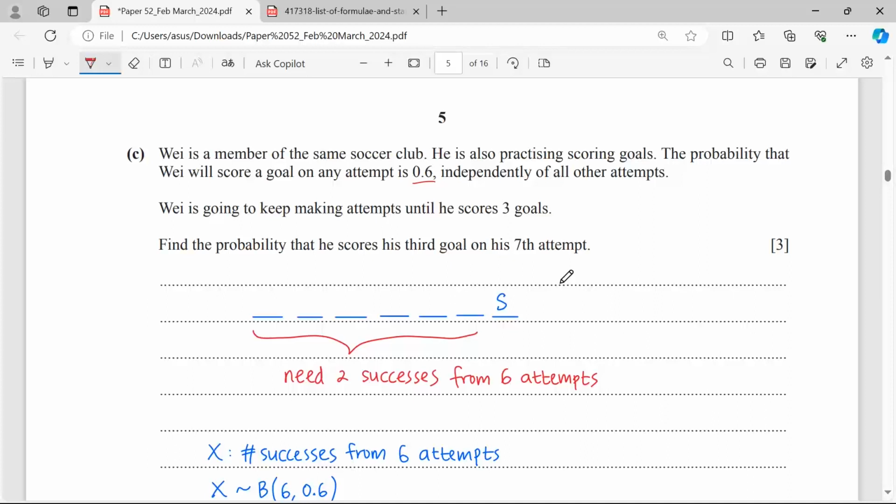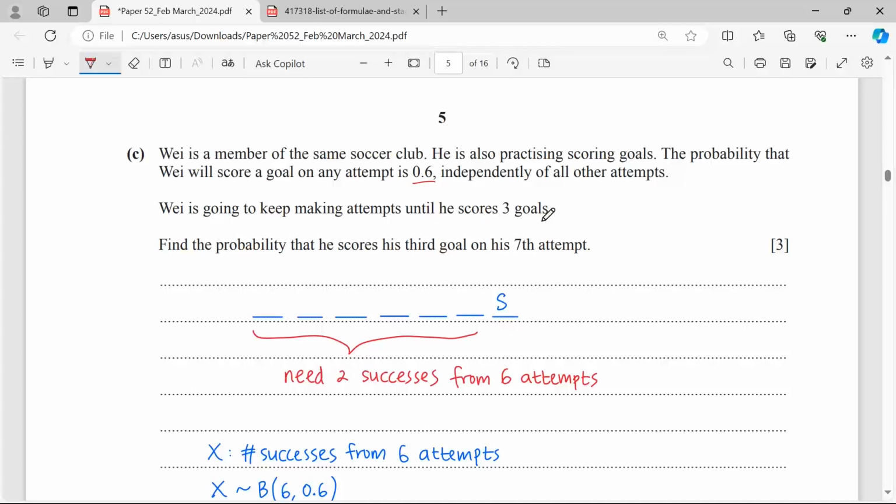Okay, so we can illustrate this question like this. We have 7 attempts, and we know that the last one here should be a success. S stands for success here, which means he scores his 3rd goal. So that means for the first 6 attempts, we need 2 successes, right?